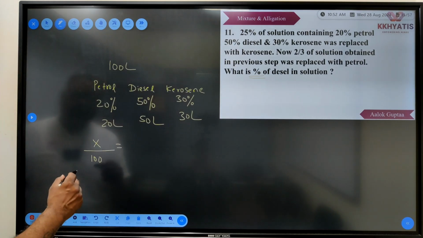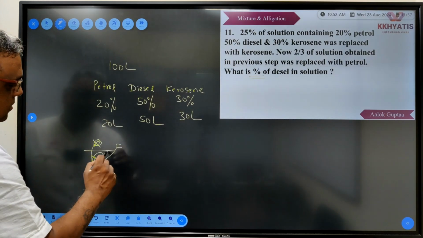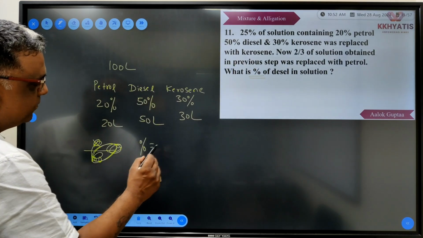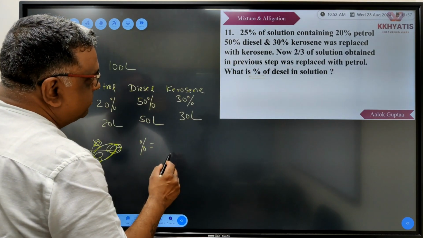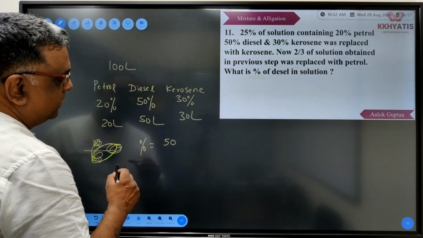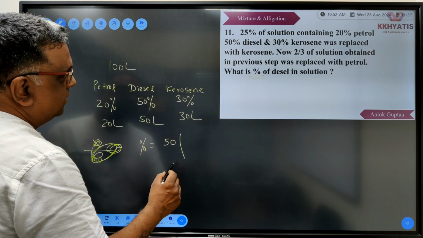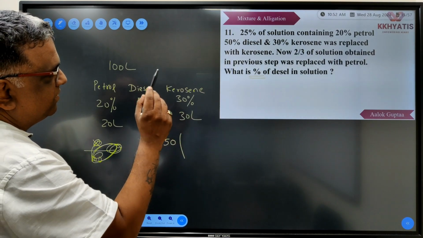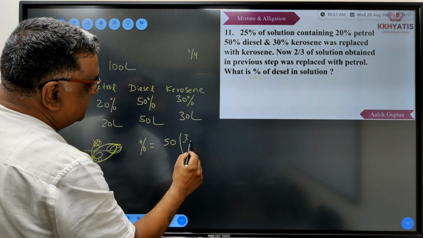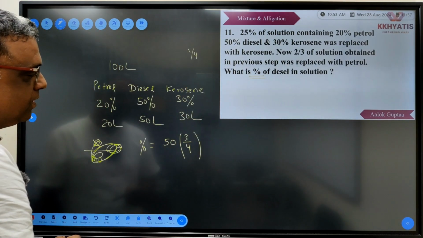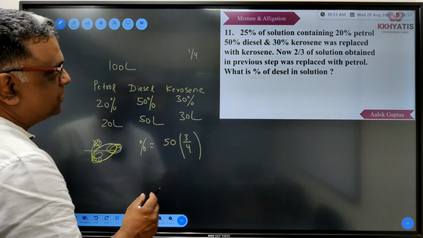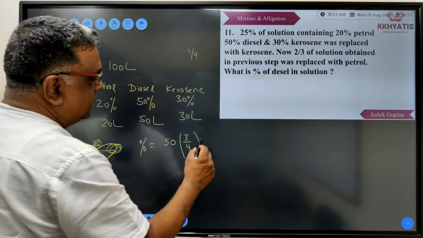So we have been asked for the percentage. So the percentage of diesel left would be the initial percentage of diesel, which is 50, into, in the initial step 25% is replaced, which means 1 by 4 is replaced, which means 3 by 4 is left. And in the second, 2/3 of the solution is replaced, which means 1/3 is left.